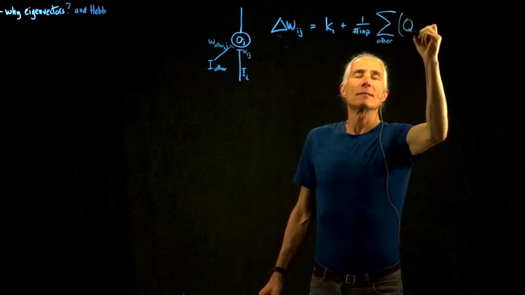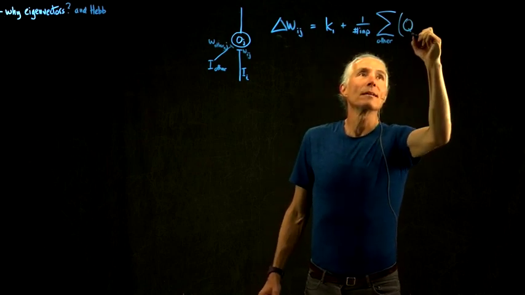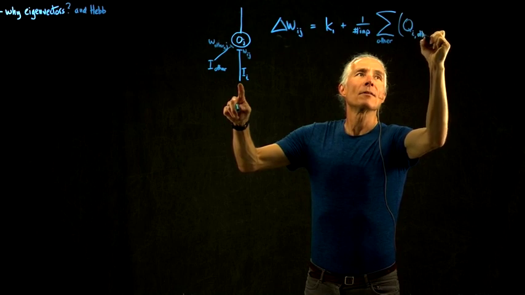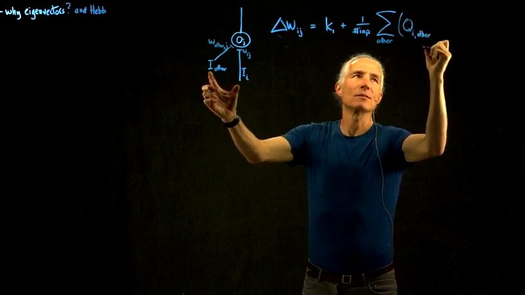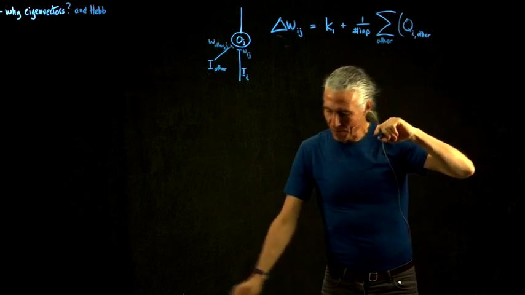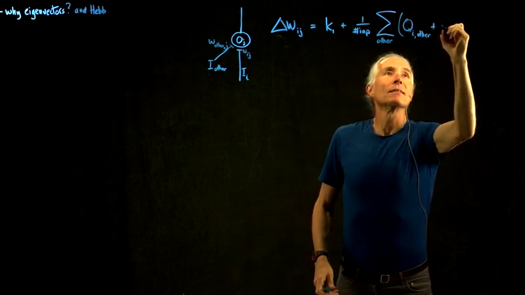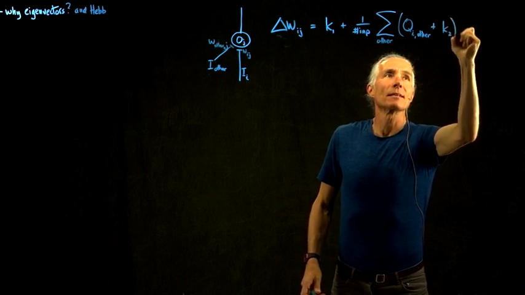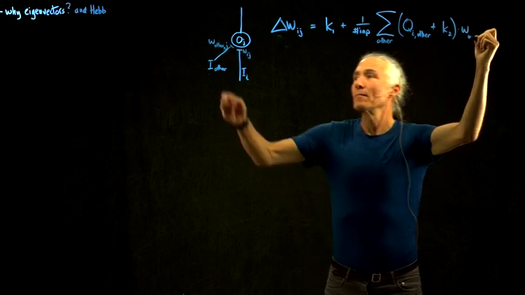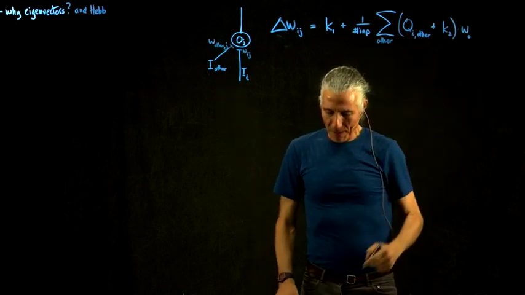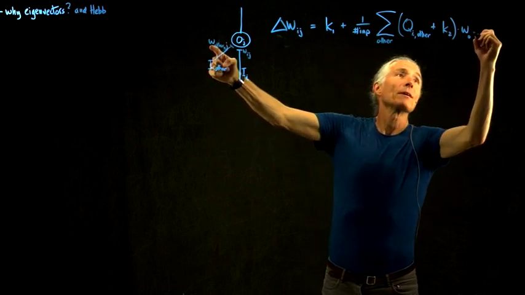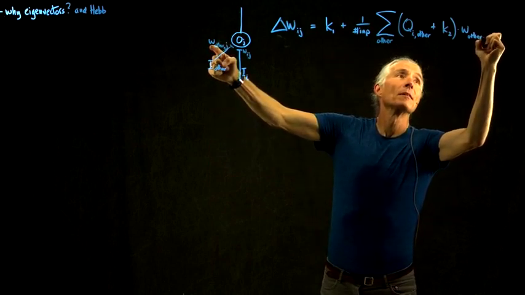And what do we sum? We sum the correlation between the current input and an other input, so the correlation between these two guys. Then there was another constant, plus K2. I'll explain what that is. And then that was multiplied by the weight, this other weight from other to J.